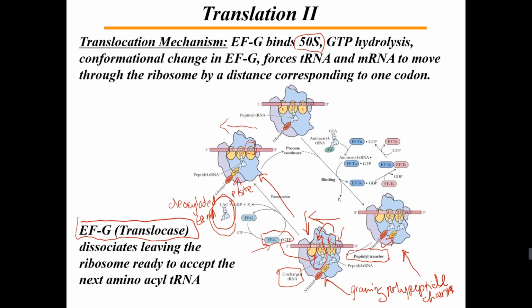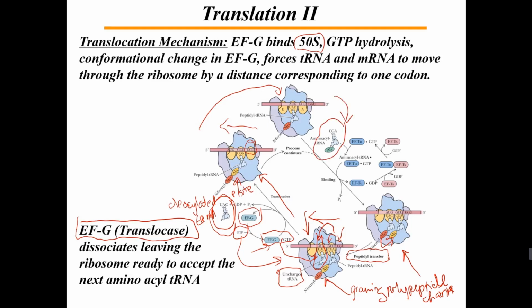Okay, and then this EFG translocase will then bind another GTP and wait for the ribosome to be able to carry out peptidyl transferase activity and then translocate it again. And it's a cycle that keeps repeating, so that now you have your growing polypeptide chain that's attached to the tRNA in the P site, and then you can go on and bring in the next corresponding aminoacyl tRNA that's brought in by EF2, bound to GTP, puts it into the A site.